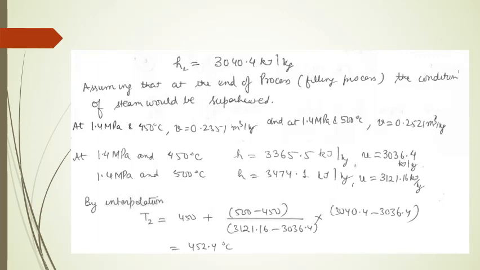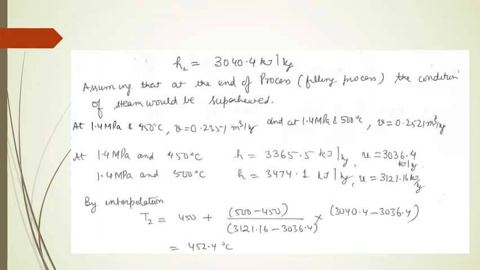At 1.4 megapascal and 450 degrees Celsius, specific volume is 0.2351 meter cube per kg, and at 1.4 megapascal and 500 degrees Celsius, the specific volume is 0.2521 meter cube per kg. The values of enthalpy and internal energy at both conditions are given on the slide.